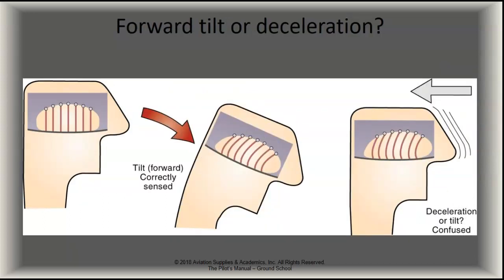The same thing happens when we decelerate. The hairs and the nerves are stimulated in the same way that they're stimulated when we tilt forward. So if we don't have any visual references, we may feel that we're tilting forward when we're only decelerating, and that could cause us to pull back on the pitch and go into a stall.